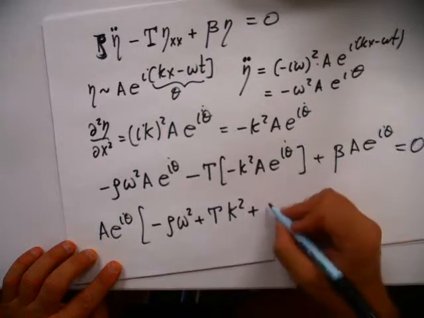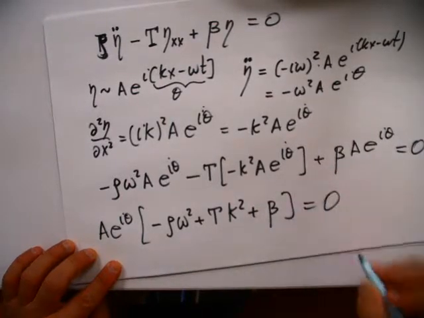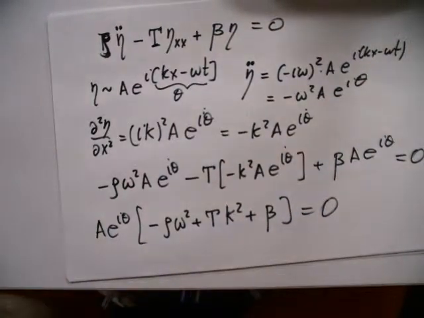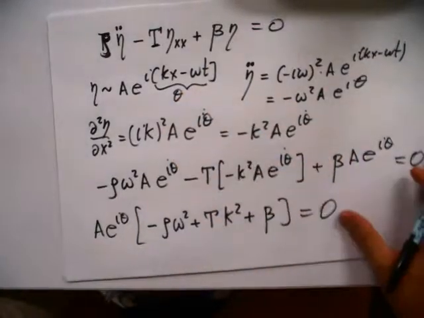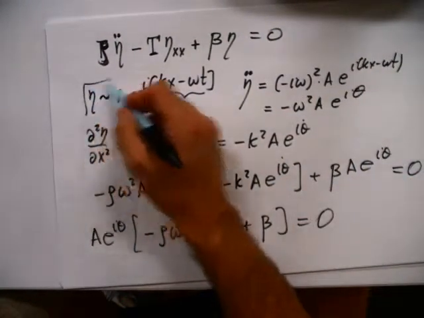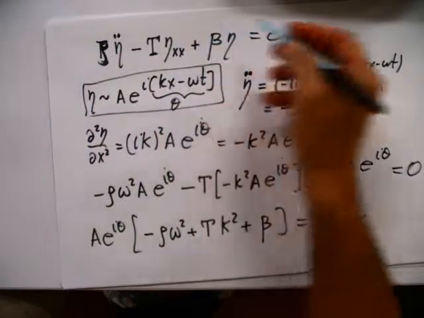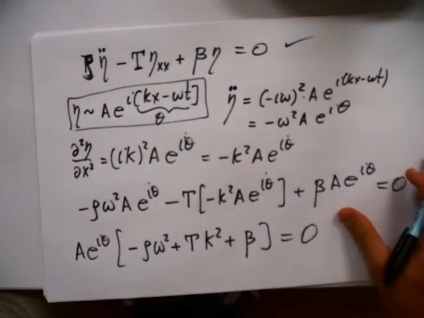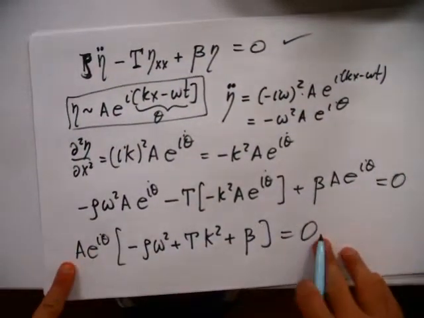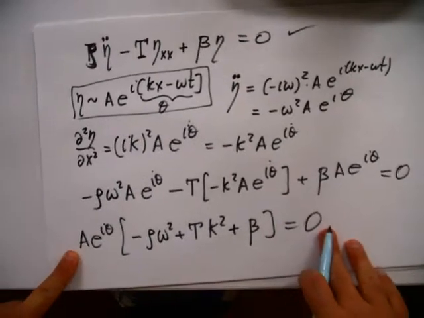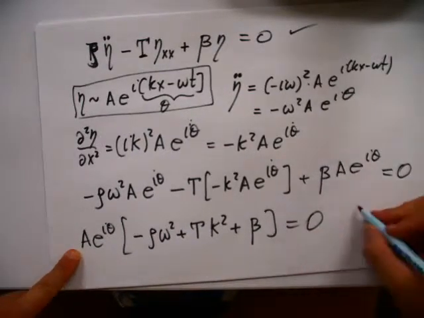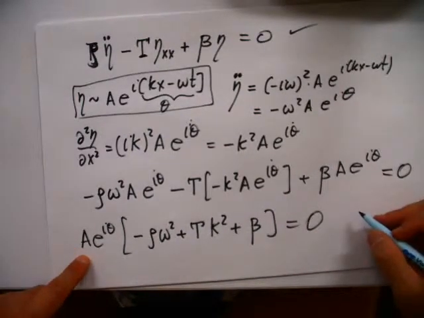Now, this ansatz will be a solution of our original equation if this expression is 0 for any x and t. The dependence on x and t is basically in this theta, which is equal to kx minus omega t.